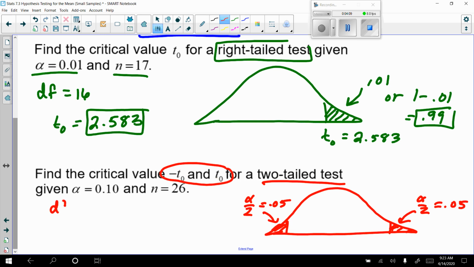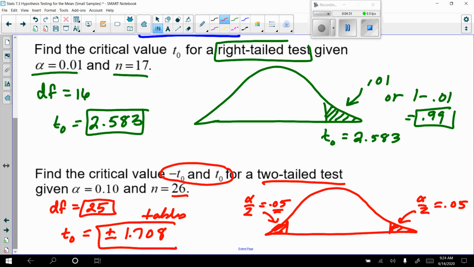And our degrees of freedom will be 25, one less than our total of 26. So t naught from the tables, and you can use the right tail or the left tail, using 0.05 as your half of alpha, would give us plus or minus 1.708. So this is negative 1.708, and this is positive 1.708.